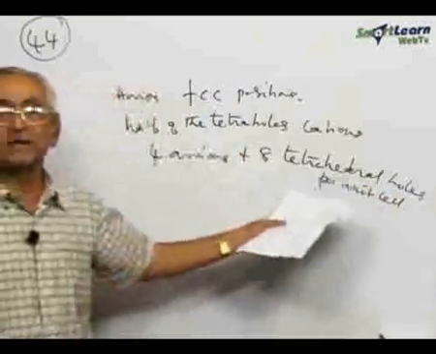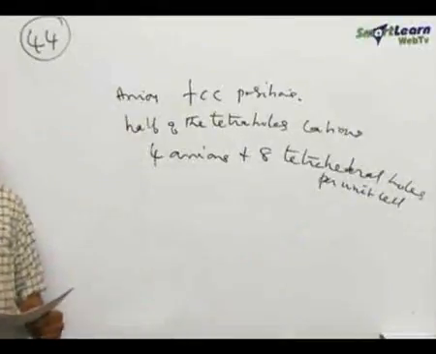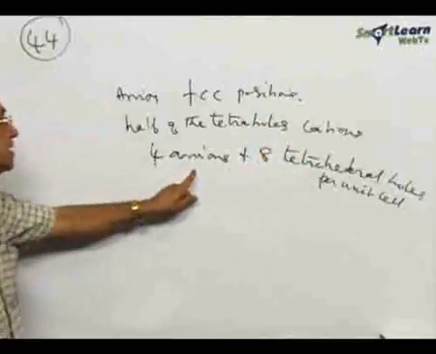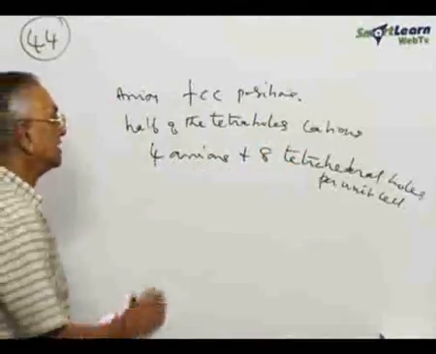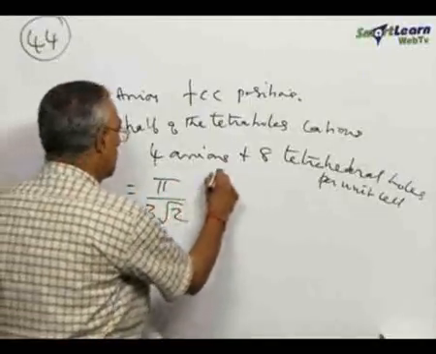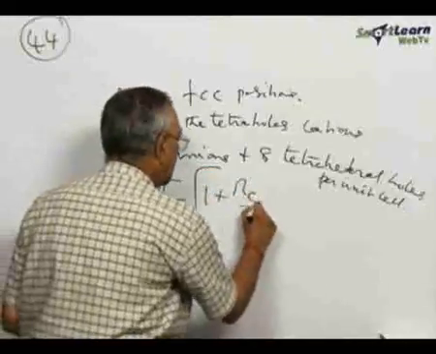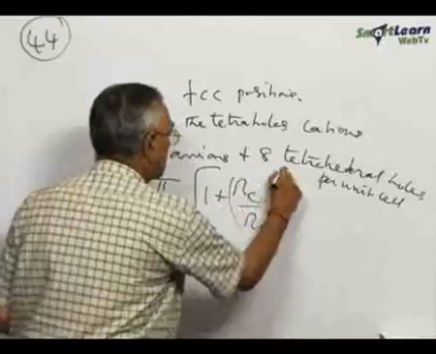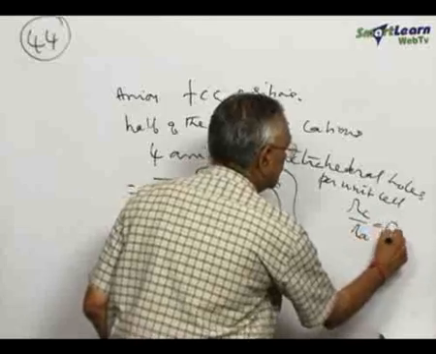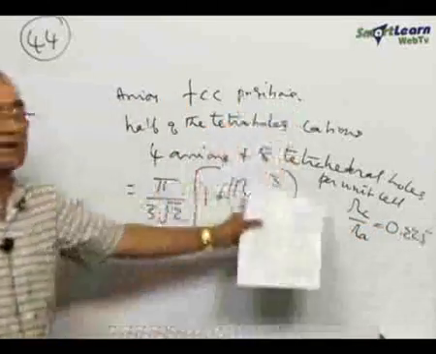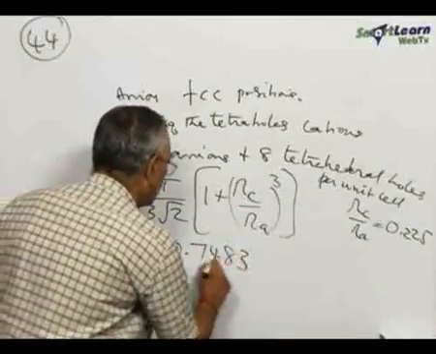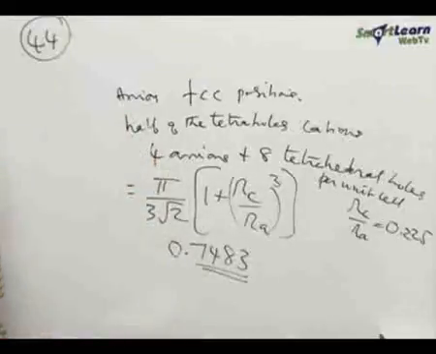Since there are 4 anions and 8 tetrahedral holes per unit cell, the fraction of the volume occupied by the spheres per unit volume is given by the term pi divided by 3 square root of 2, times (1 plus Rc by Ra) whole cubed. The value of Rc by Ra in this case is equal to 0.225, for tetrahedral holes. Therefore, the fraction occupied works out to 0.7483, or 75%.